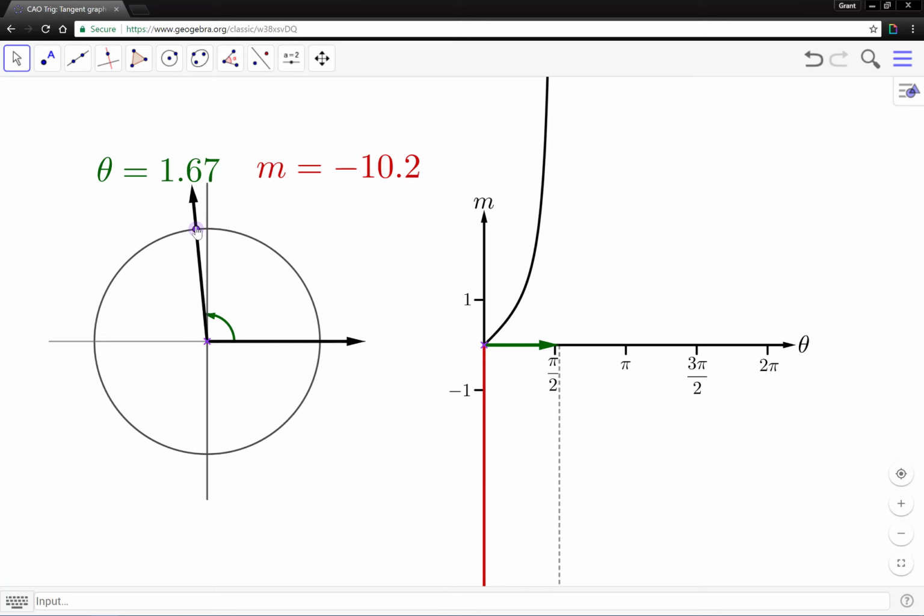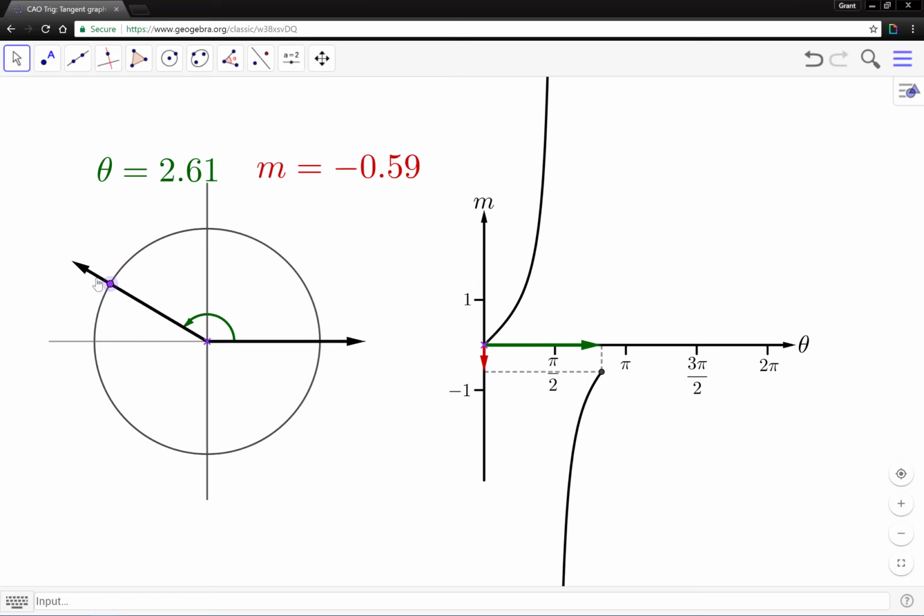But then as theta continues to increase, that slope is still negative, but it becomes a smaller negative number, meaning it starts to increase towards 0. So as theta gets very close to pi, that terminal ray gets a slope that gets increasingly close to 0. So in our graph, we have a negative output over this interval from pi over 2 to pi, but the function output, which is the slope, is increasing up towards 0.